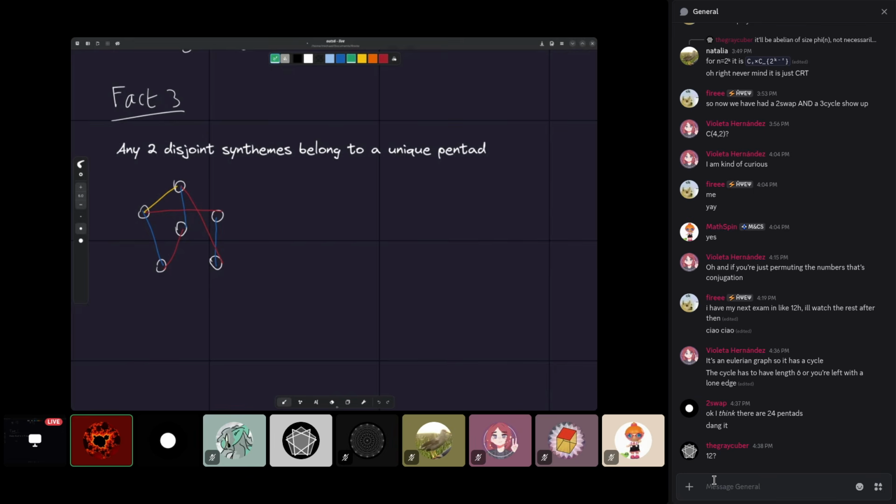Let's try both and see what happens. So if we complete it there, that's one possibility, and that's another. Does something go wrong in one of these?